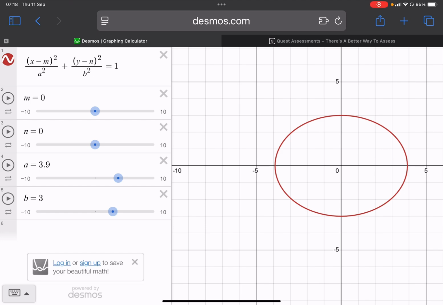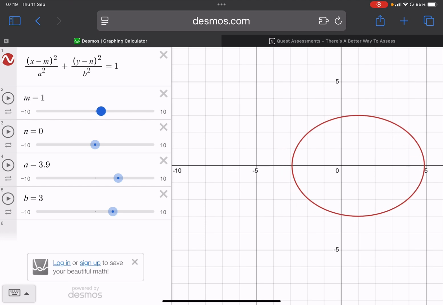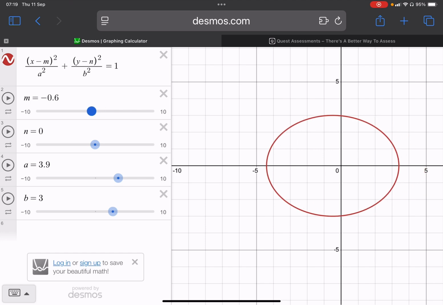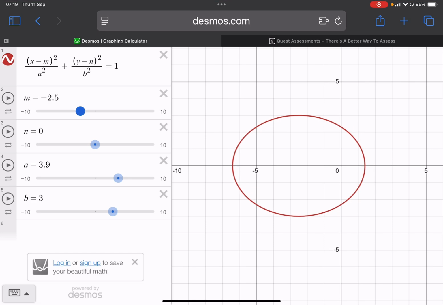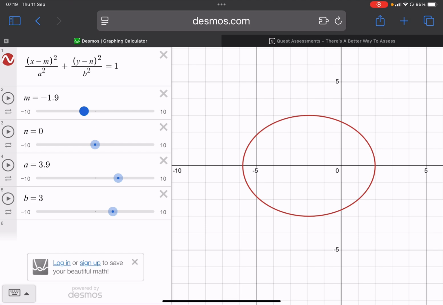And let's move this ellipse to the right. So we're going to change the x value, and so we're going to subtract, let's say 1 there to make it like that. And let's say we want to move it to the left, so we're subtracting that positive value there, just like any old transformation.